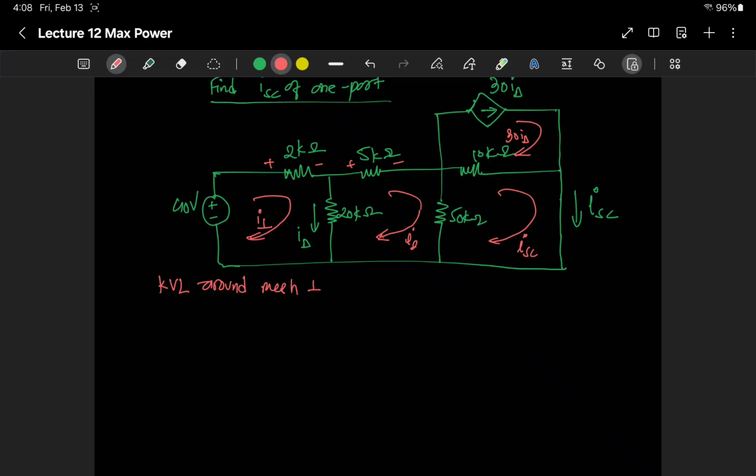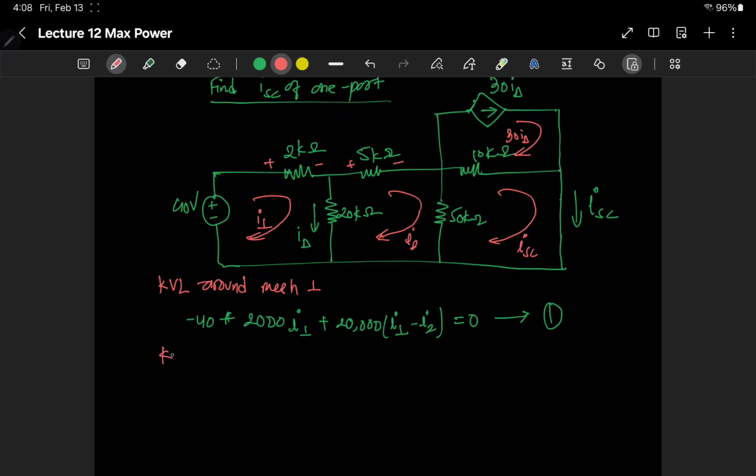KVL around mesh 1 will give us, let's start from here, minus 40 volt, plus 2000 ohms times I1, that is the current there. Then we have 20,000 ohms times the current, I1 is flowing down and I2 is up, so you have I1 minus I2, is equal to 0 because that closes the loop. So let's say this was our first equation.